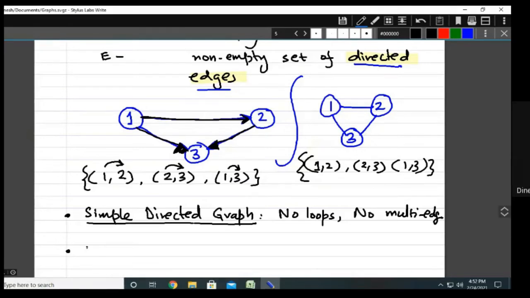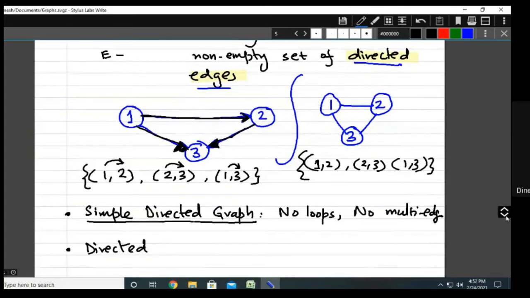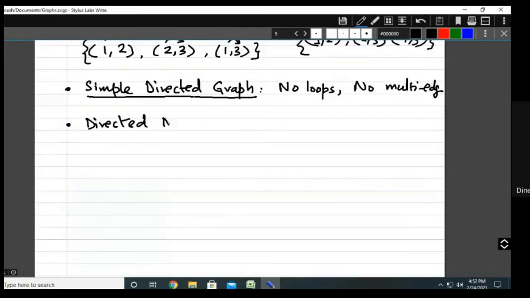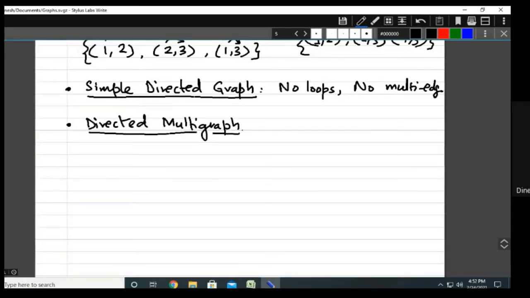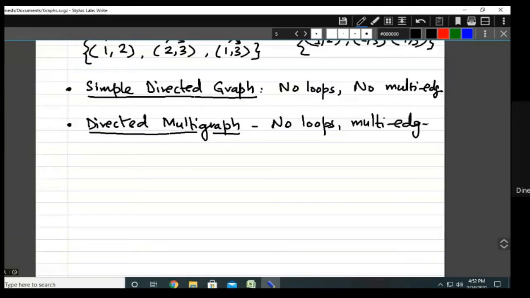And like that you have a directed multigraph. What do you mean by this? So you have no loops, but you have multiple edges. Okay, good.